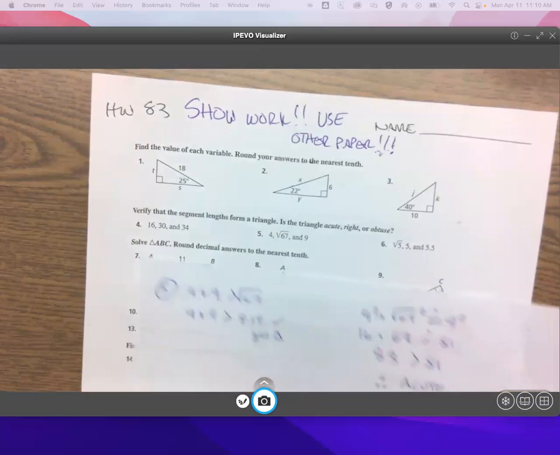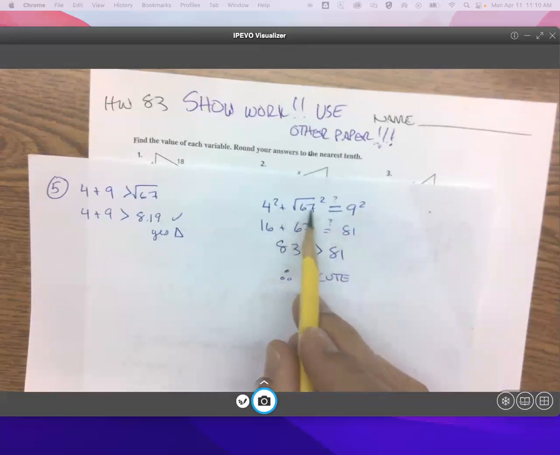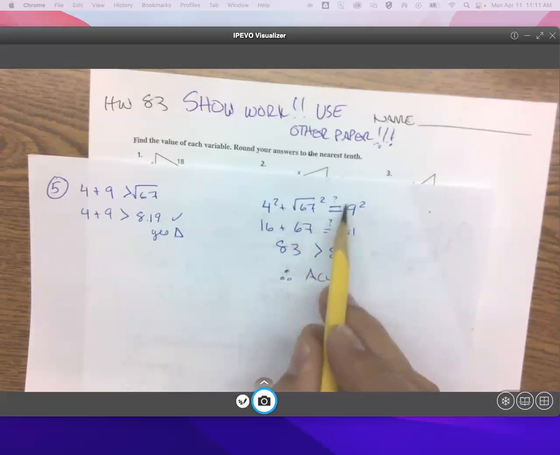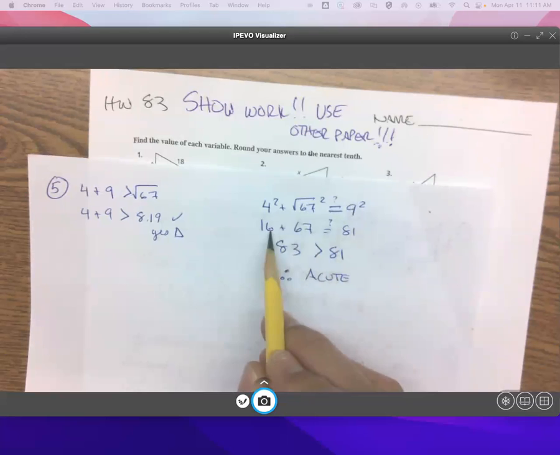The second part then says, what we need to do is take the three sides and see if they fit for a right triangle. In other words, make sure that you can take the square root of 67, approximately 8, so that means 9 is the biggest side. 4 squared plus square root of 67 squared equals 9 squared.